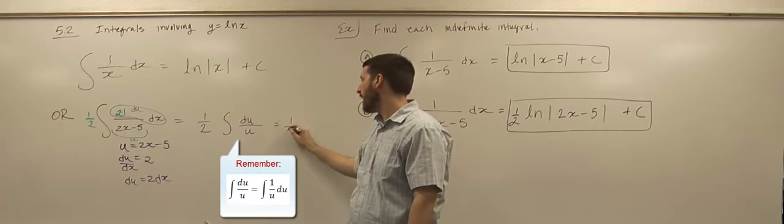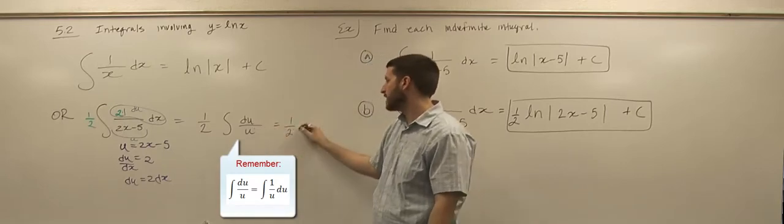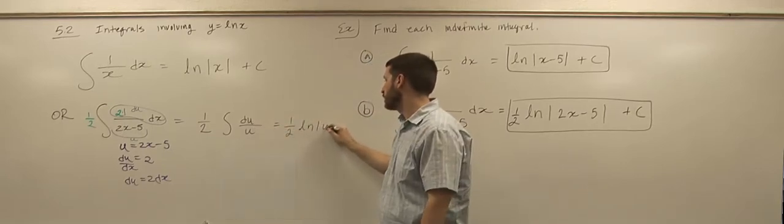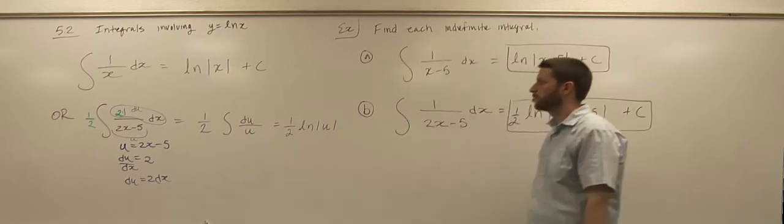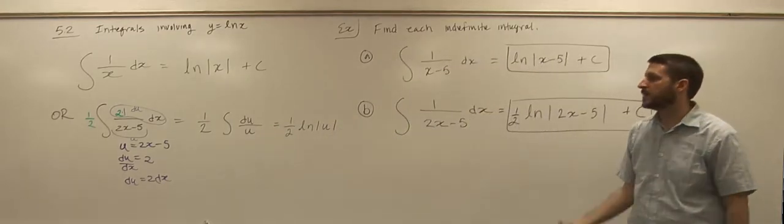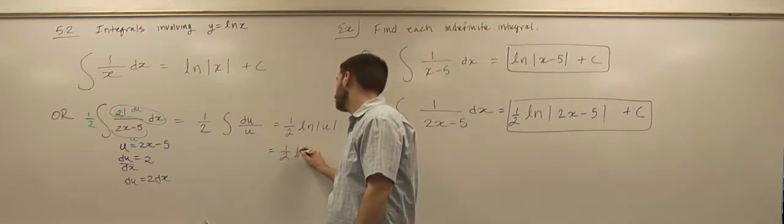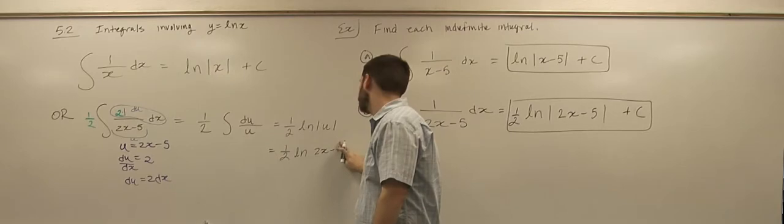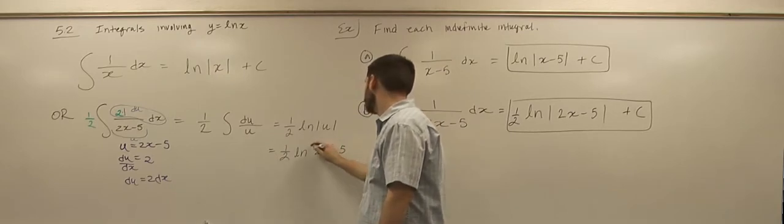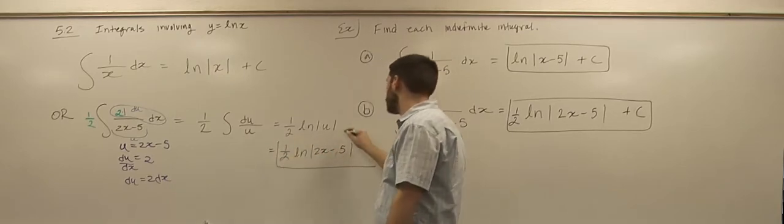So 1/2, the integral of du over u is ln absolute value u. And then you put your u back in, 2x minus 5, plus a constant.